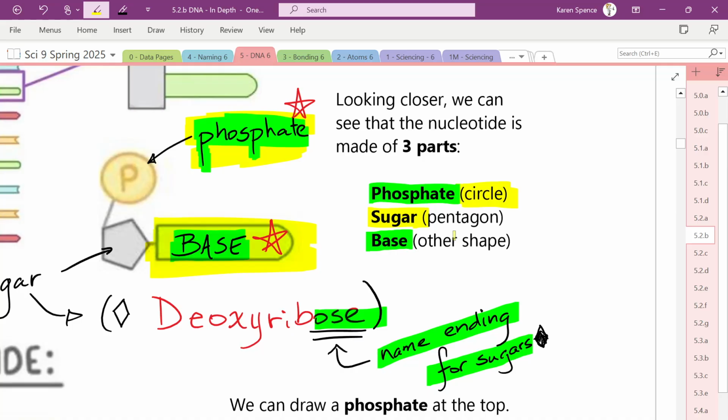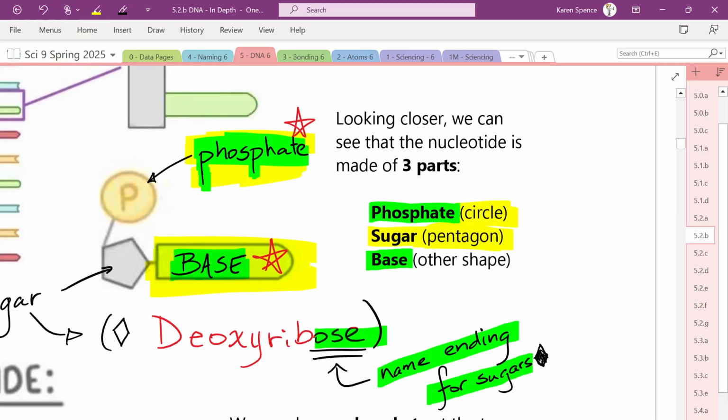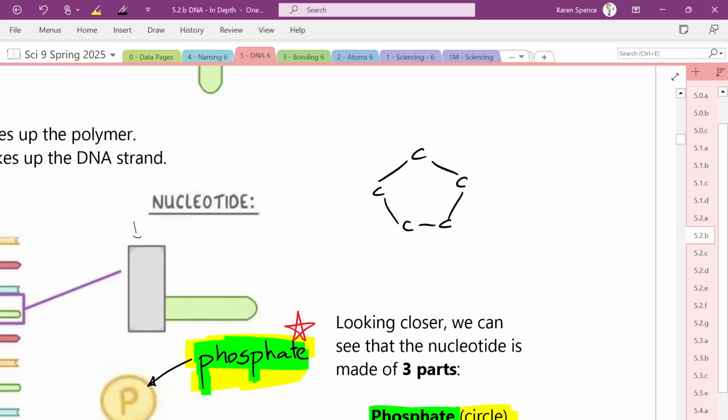The sugar is usually shown as a pentagon. And the reason that it is shown as a pentagon is because the actual sugar has 5 carbons all attached together in a circle. Well, in a pentagon.